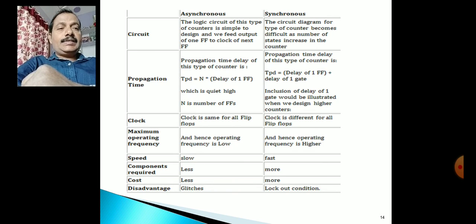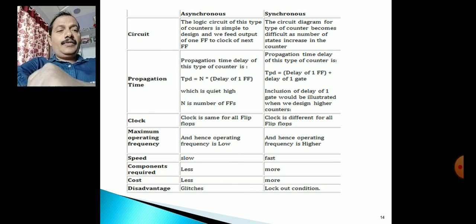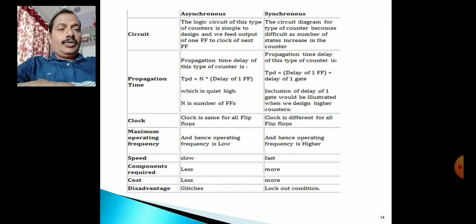For synchronous, it is the delay of one flip-flop plus the delay of one gate. The inclusion of the delay of one gate would be illustrated when we design higher counters.